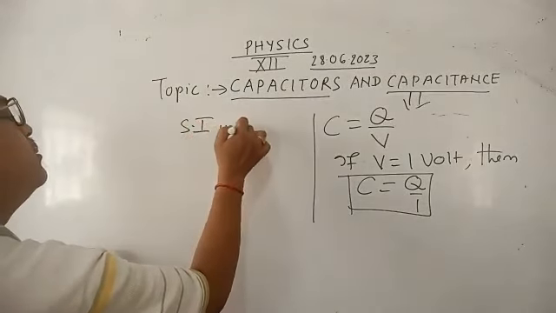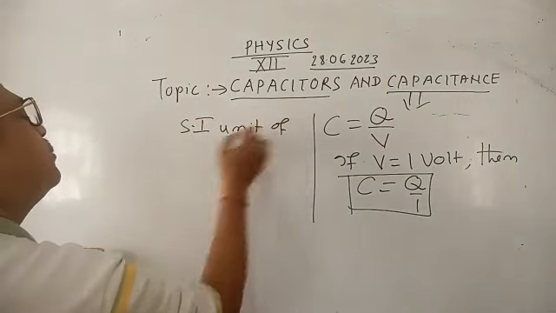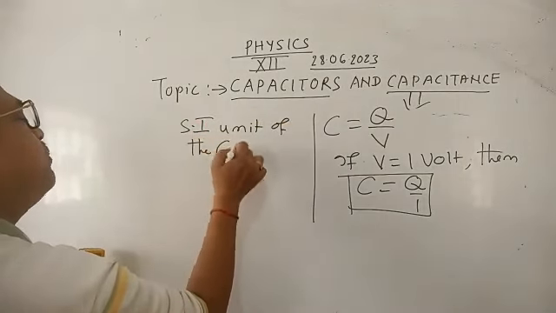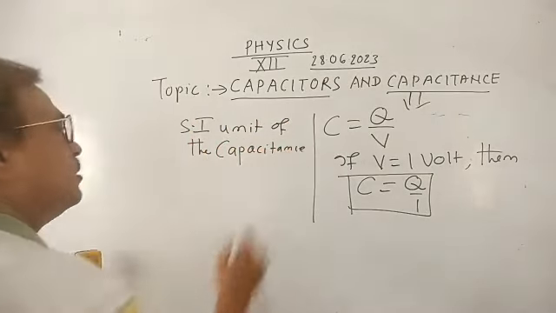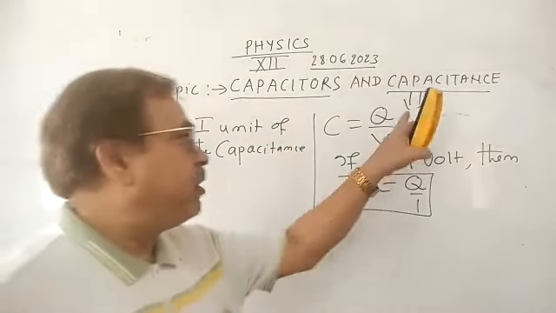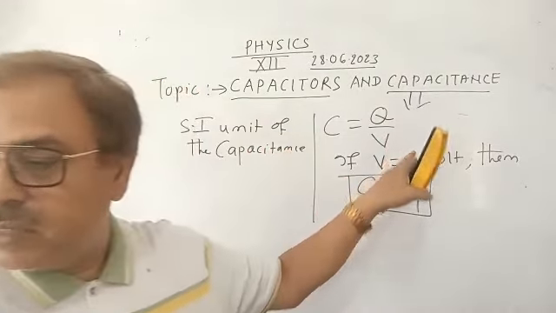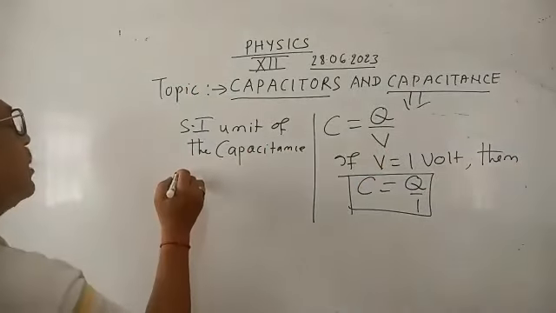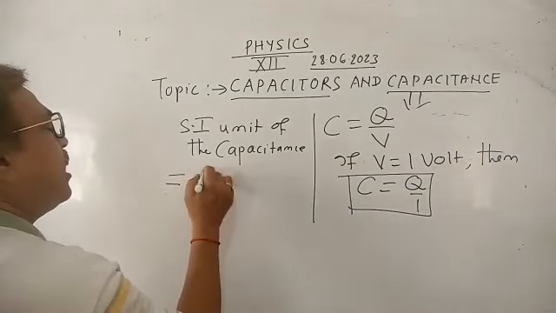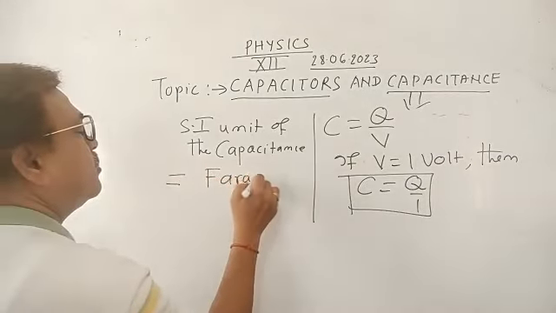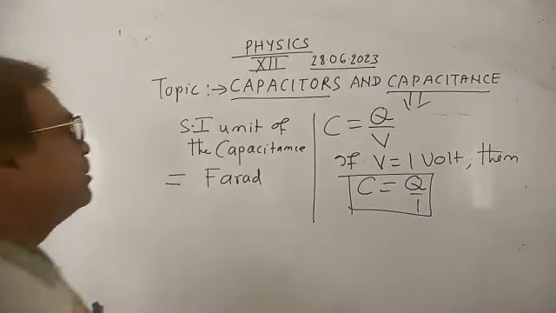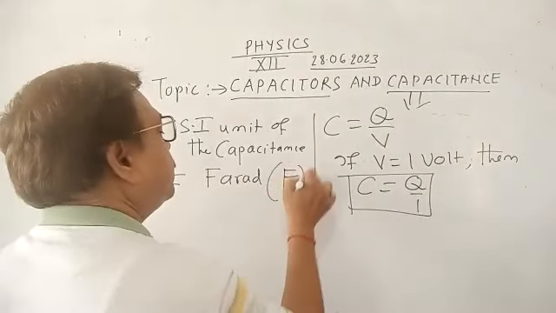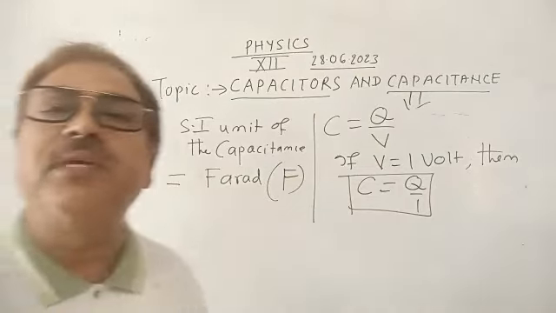SI unit of the capacitance: one coulomb by 1 volt, it will help us. But you write farad, capital F. This is the symbol of the SI unit of the capacitance.